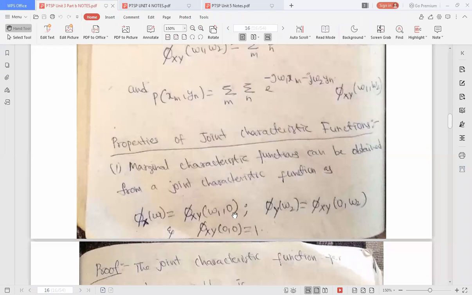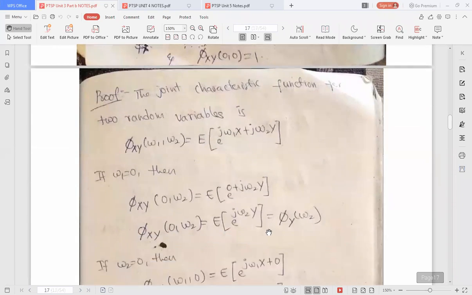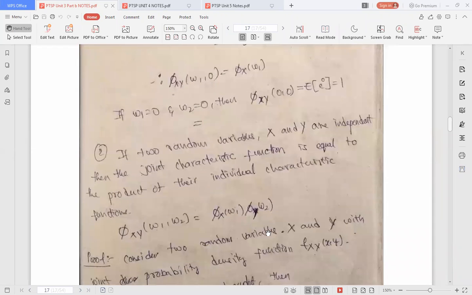Omega 2 is the frequency for y, so that will be 0. Similarly, phi y of omega 2 is equal to phi xy of 0 comma omega 2. Here the frequency corresponding to x will be 0. Now if both frequency components are 0, then phi xy of 0, 0 is equal to 1. This is our first property of joint characteristic function.